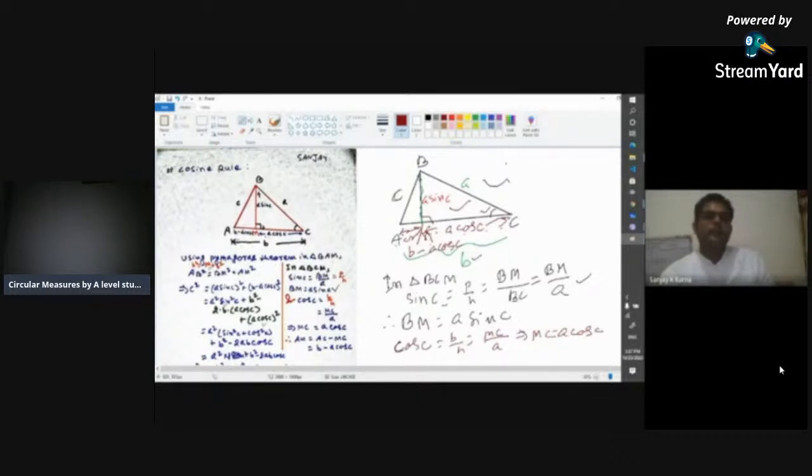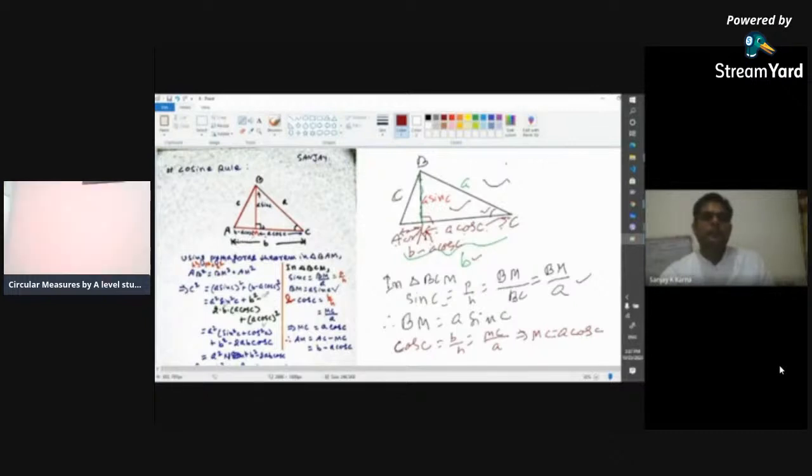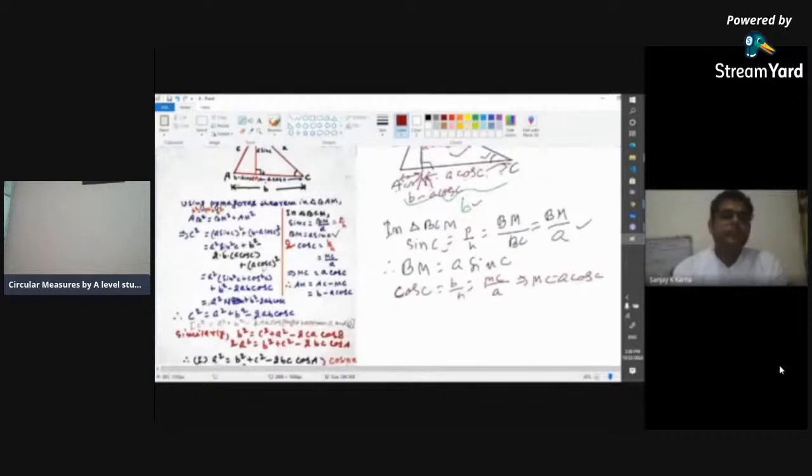So AB square is c square, and BM we have found as a sine C, so we write (a sine C) square, plus AM, which we have got as b minus a cos C, so we write (b minus a cos C) square. So what we have got from this derivation algebraically as well as geometrically is c square equals a square plus b square minus 2ab cos C.